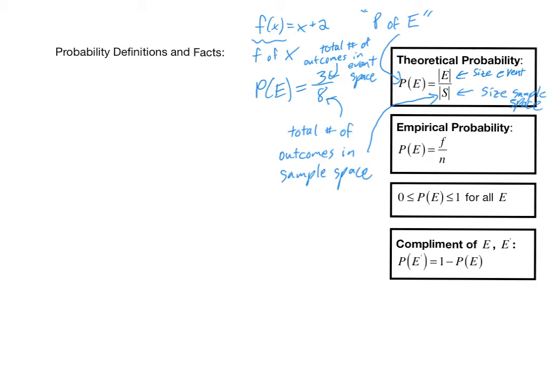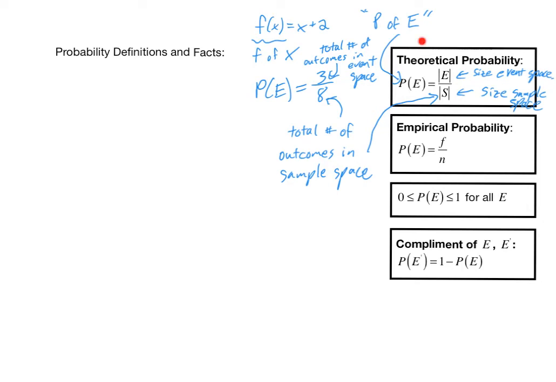So theoretical probability, which is whenever you have equally likely possible outcomes, is the size of the event space divided by the size of the sample space. That's our formal definition of theoretical probability.